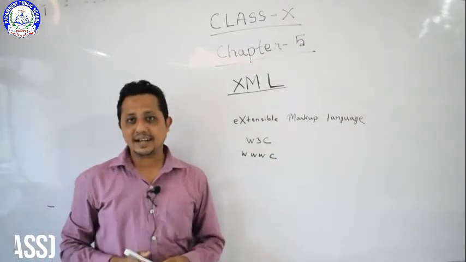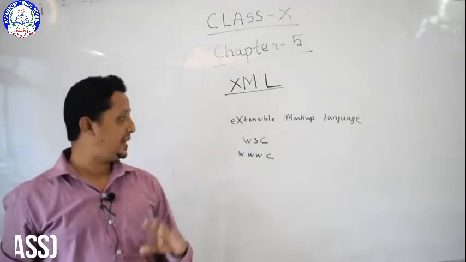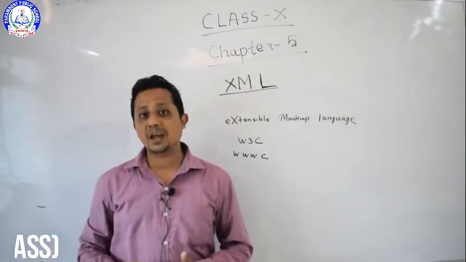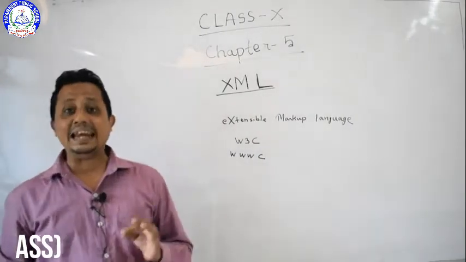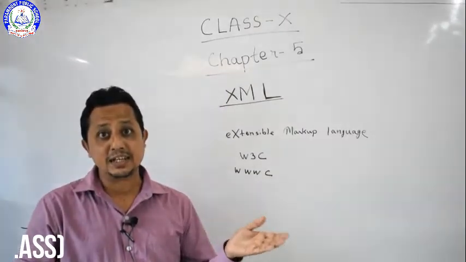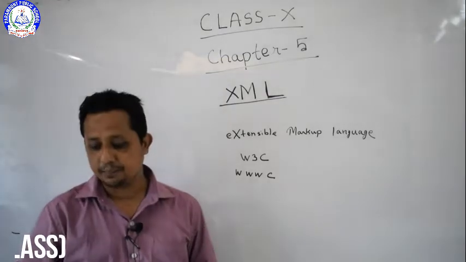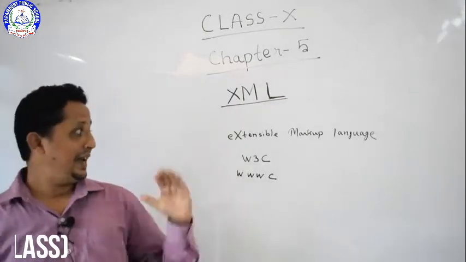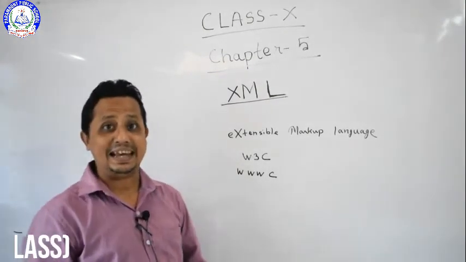It was developed by W3C, the World Wide Web Consortium, in 1997 for overcoming some of the problems associated with HTML. And XML is derived from SGML.